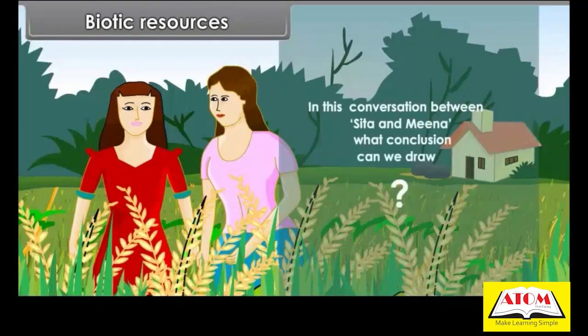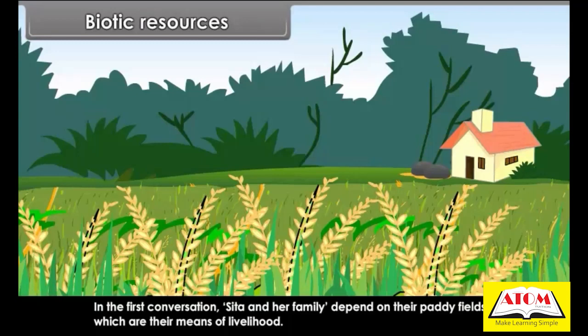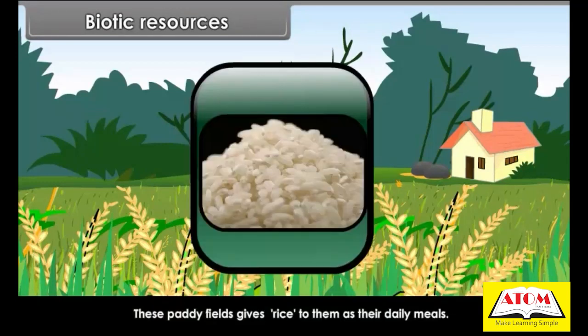In this conversation between Sita and Meena, what conclusion can we draw? In the first conversation, Sita and her family depend on their paddy fields, which are their means of livelihood. These paddy fields give rice to them as their daily meals.